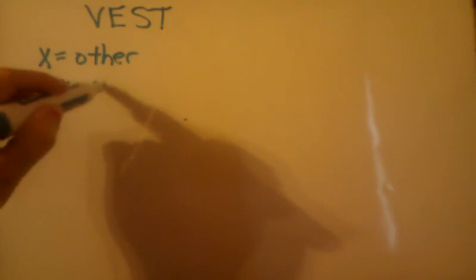If x is the other angle, what is one angle? It says 30 degrees more. 30 more means plus. 30 more than the other, which is x, equals one angle. Okay? Find both angles.